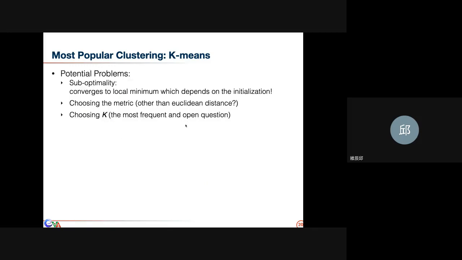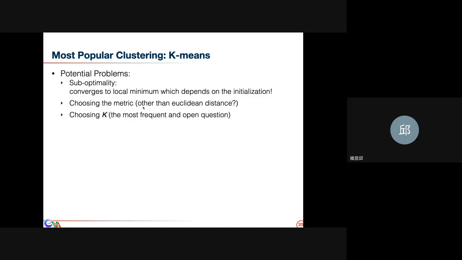Okay. So the potential problem of k-means clustering is suboptimality, right? Because it converges only to a local minimum, which depends on initialization. Also, you need to choose the metric, right? Previously, we simply said you can use the L2 distance, but of course you can use different kinds of distance, or you can first project your data into different feature spaces.